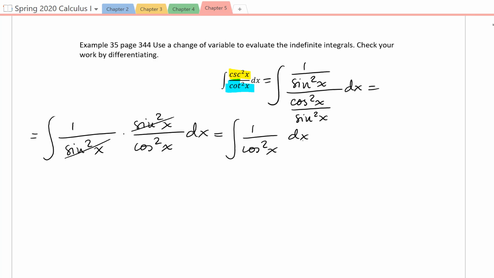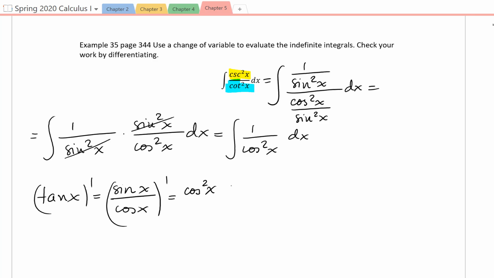Okay, so let me see, what is the derivative of tangent of x? Tangent is sine over cosine. Well, that's sine of x over cosine of x, and you either learn a formula or you use the quotient rule. So it's the derivative of sine, which is cosine of x, times cosine of x, plus sine squared of x, over cosine squared of x.